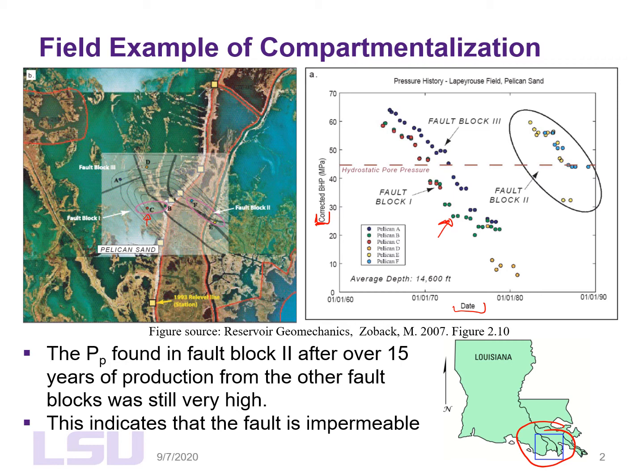I should also mention that the fault blocks are illustrated here. Fault block 1 is here, fault block 3 is here, fault block 2 is here, and they are bounded by faults, some of which will be sealing.